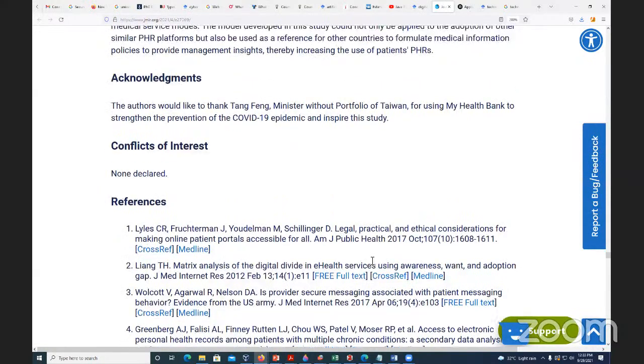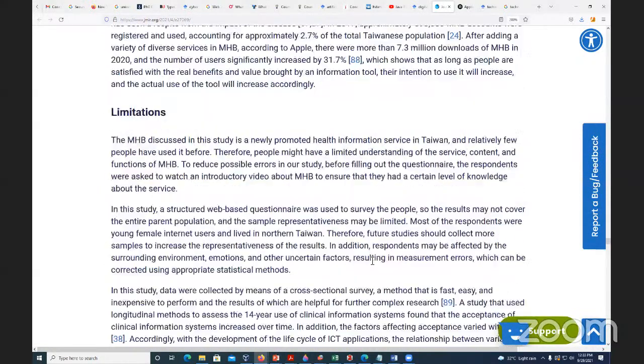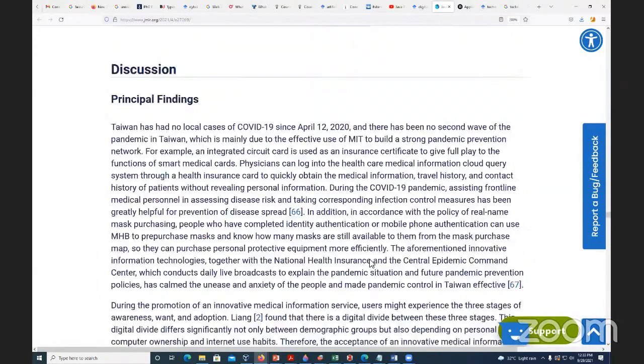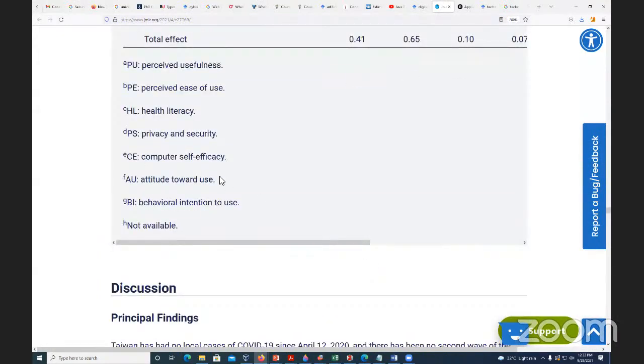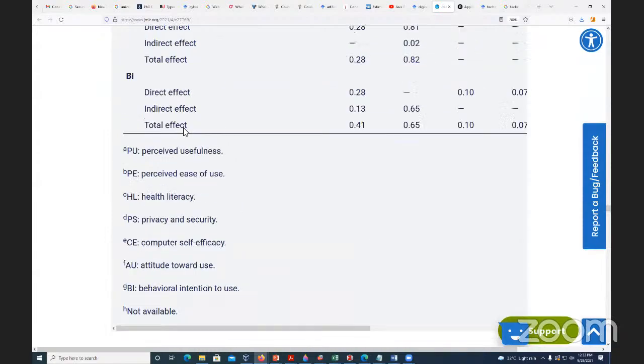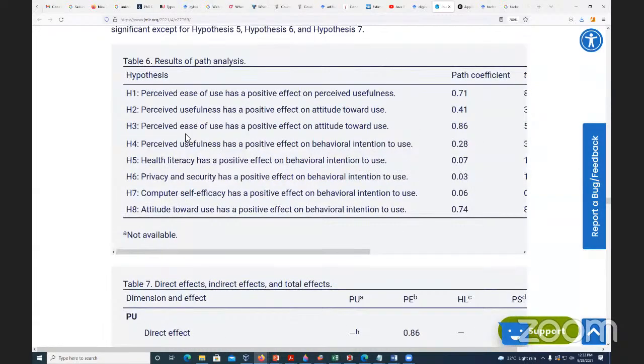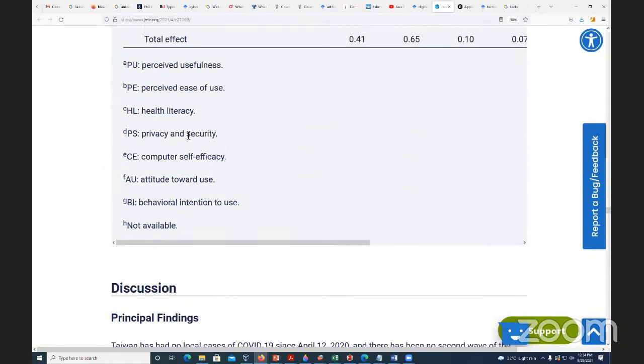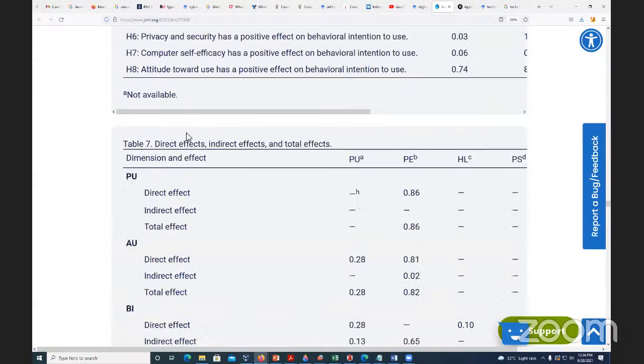The one thing I personally think is missing, just by glancing at this, is that they have health literacy in their model, but I think they should have technology literacy, and even technology access. For this to work, you need technology access and technology literacy, not just health literacy.